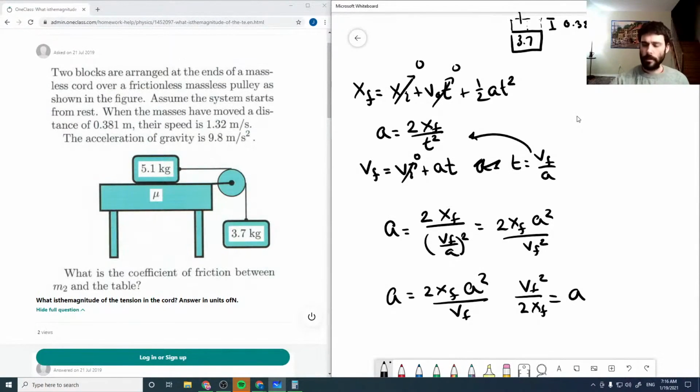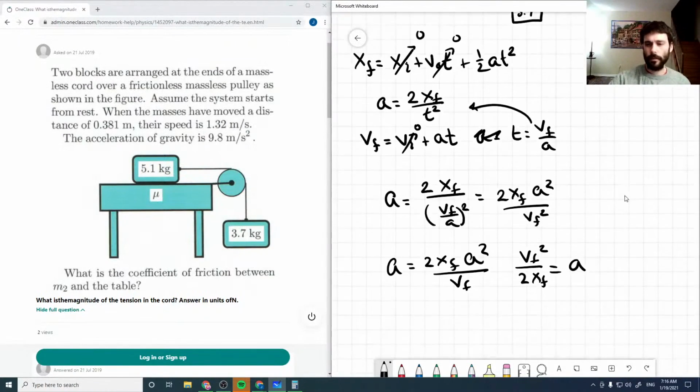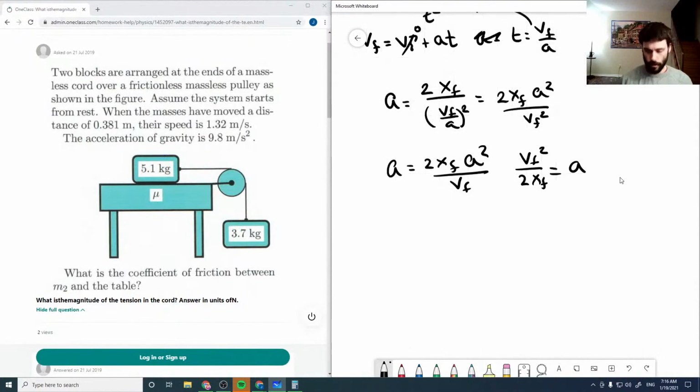Okay, and so now we have our velocity, vf in this case being at the point that it's given us here, so our acceleration is 1.32 meters per second squared over 2 times the distance traveled, so 0.381 meters.